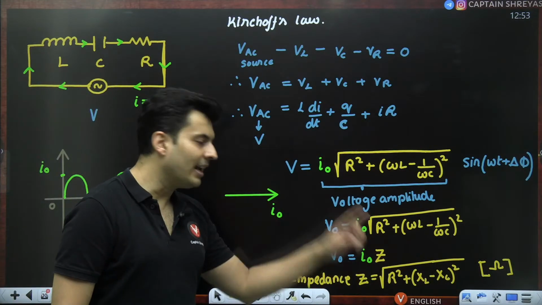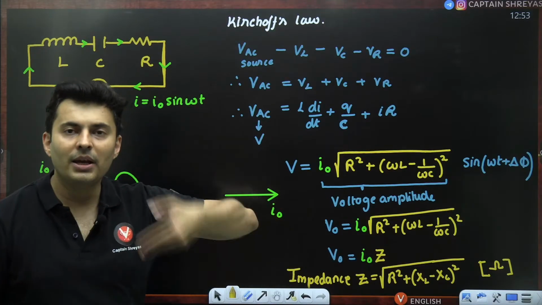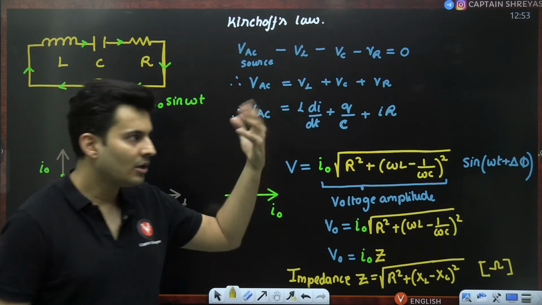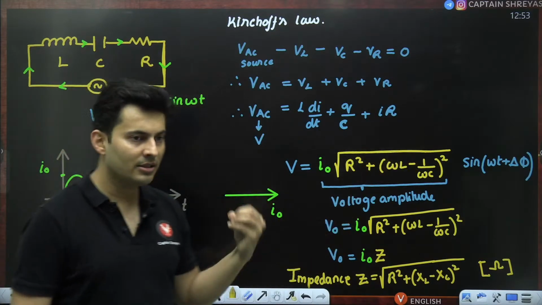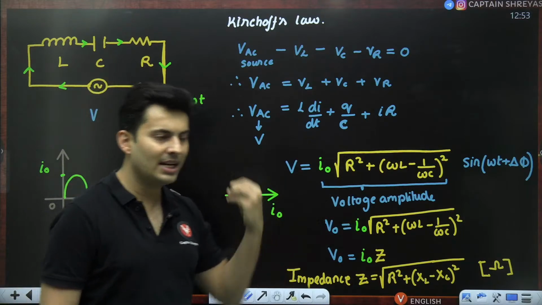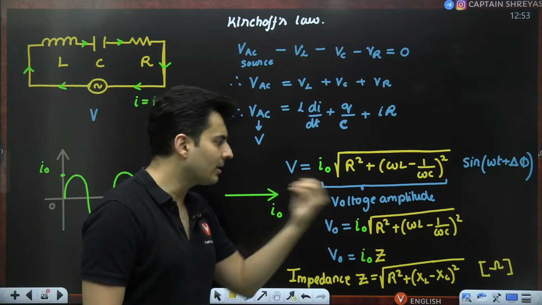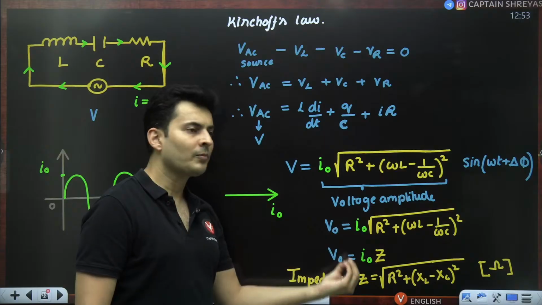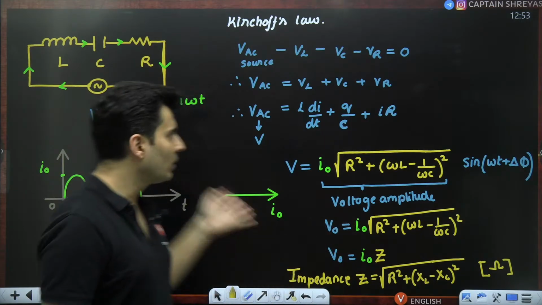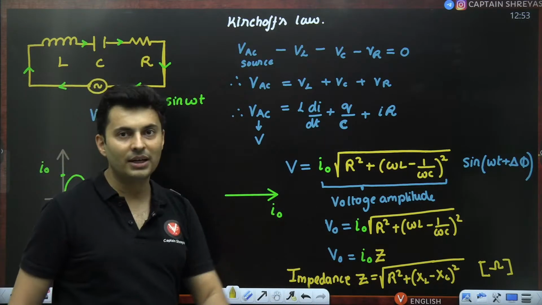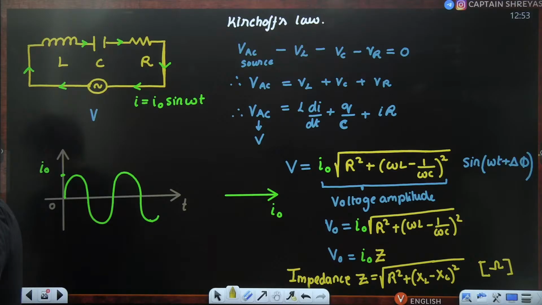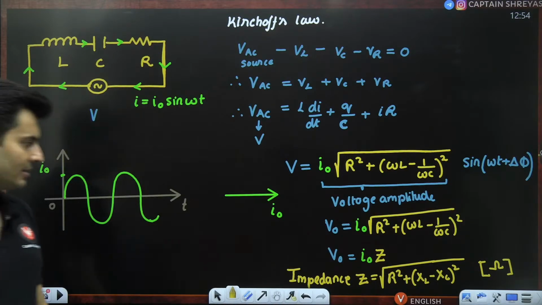So V is IR comes many times. You can write voltage is current into resistance, voltage is current into capacitive reactance, voltage is current into inductive reactance, voltage is total current into the total resistance, which is called impedance. Everything will work. Z is the impedance.